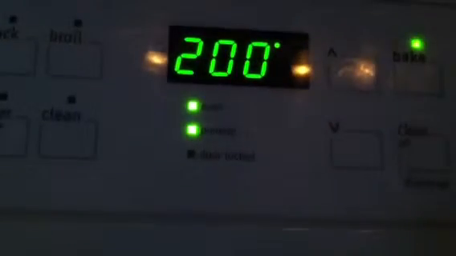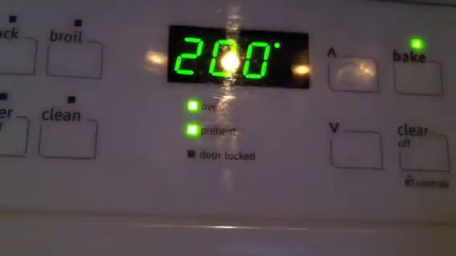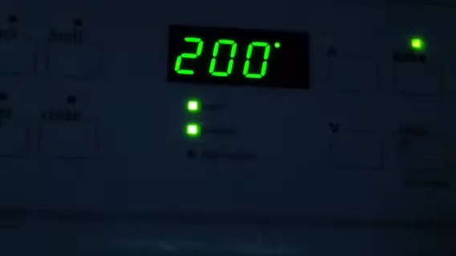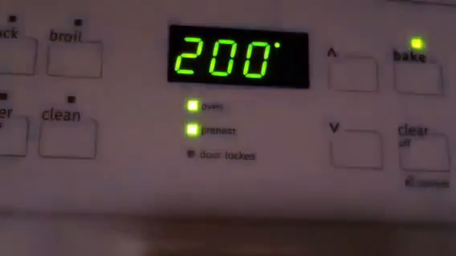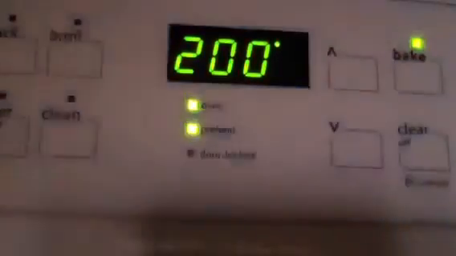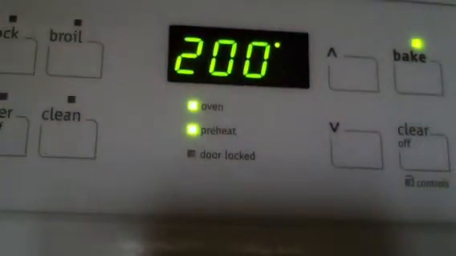I don't like that glare. So let me try something else. Yeah, that's not bad. So the top light is the oven light, the power light. So when that's on, that means the power is on.